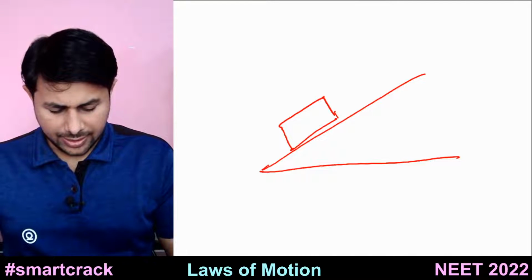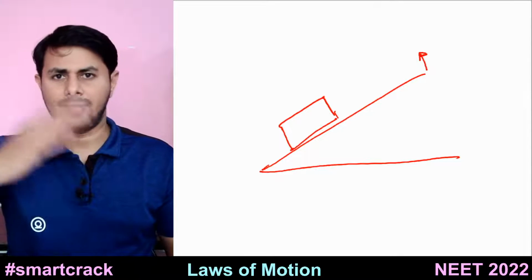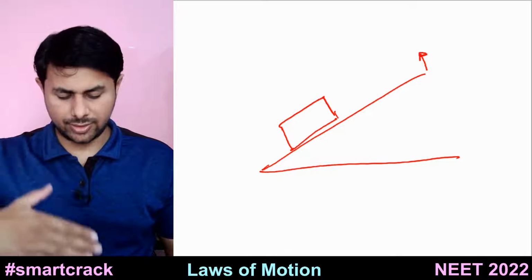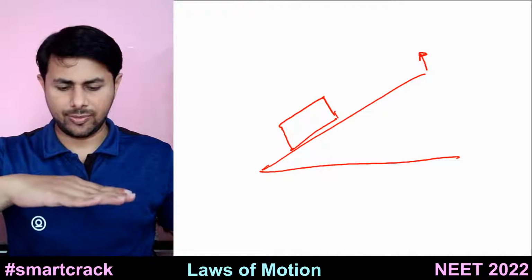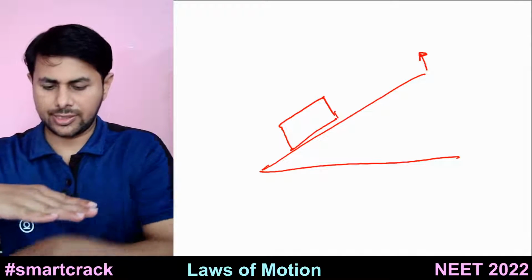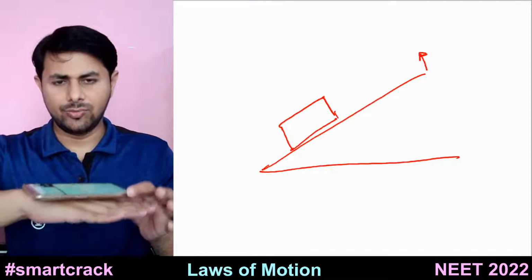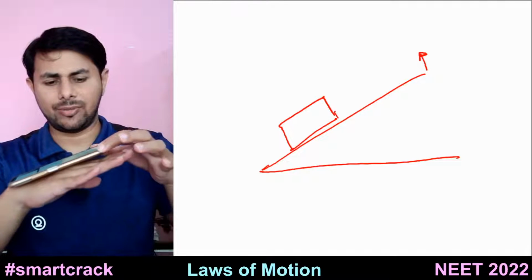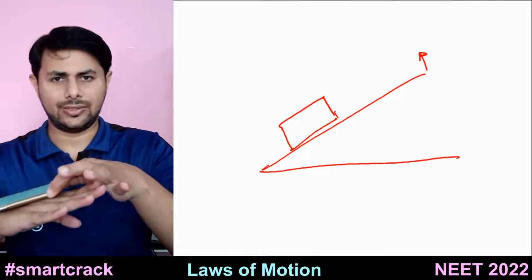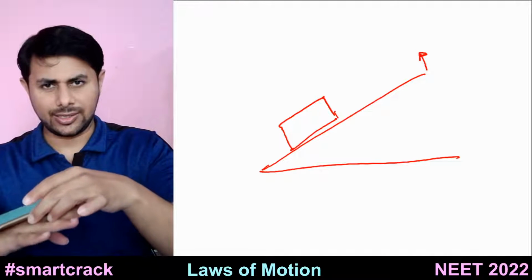Okay, and this is a plane which is rotatable. So initially, suppose it's like this. This is the block resting on the plane, and then you rotate it like this. So at some point, what will happen? The block will begin to slide. Okay, it begins to slide.